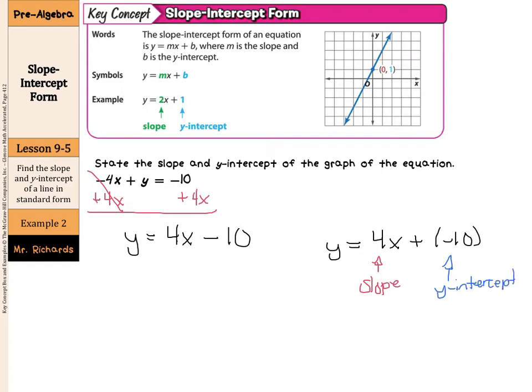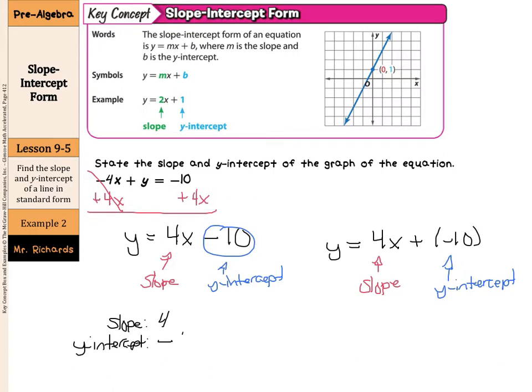Now, if you can look at the equation we rewrote originally and recognize that our slope is 4, and my y-intercept is this negative 10, using that subtraction sign as your guide, that works as well. So our slope in this question was 4, and our y-intercept for this equation is negative 10. We need to pay attention to whether it's a positive 10 or a negative 10.